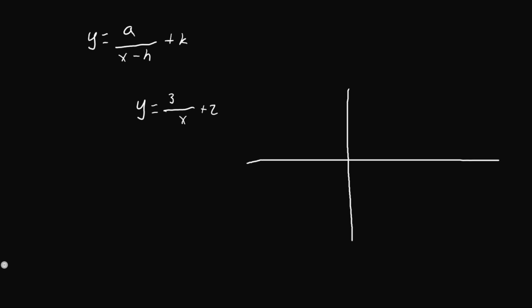So now we want to go ahead and see if there are any asymptotes that we're going to have. And since we don't have h, we see that it's not going to be shifted anywhere to the left or right. So that means that our vertical asymptote is going to be x is equal to 0.